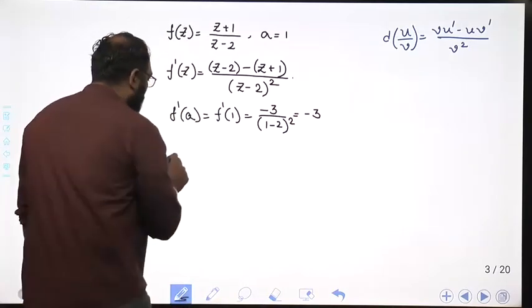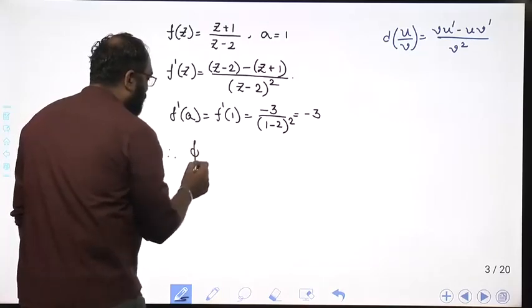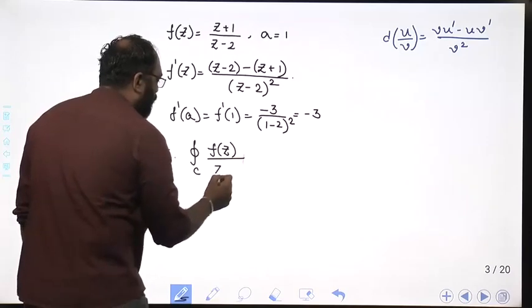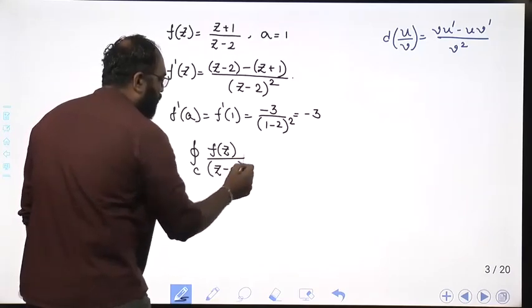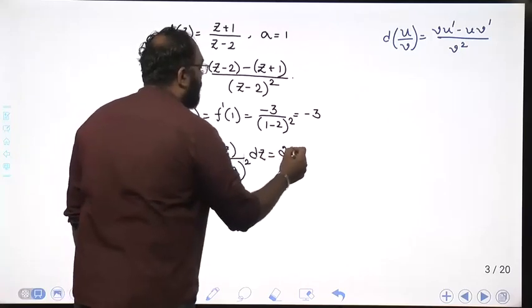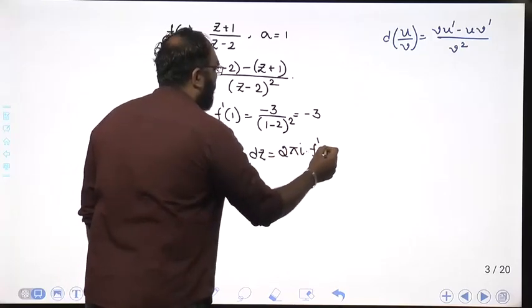So therefore, what do we have? Integral over c f of z by z minus a whole square is given by 2 pi I into f dash of a, right?